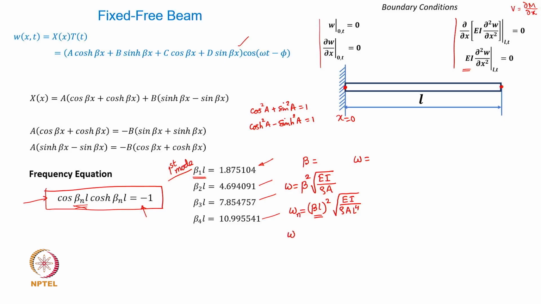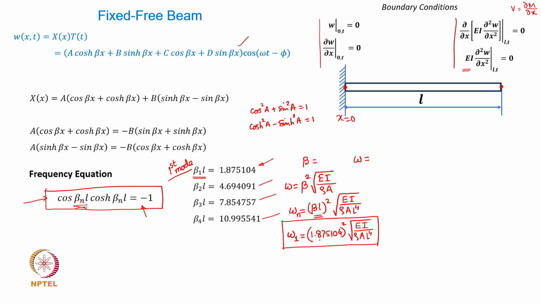So obviously omega 1, or the first natural frequency, is going to be 1.875104 squared. You may cut down on some of the significant digits here, but for a more accurate value, you can choose the number of digits. So this now becomes the first natural frequency of lateral vibration of a beam.